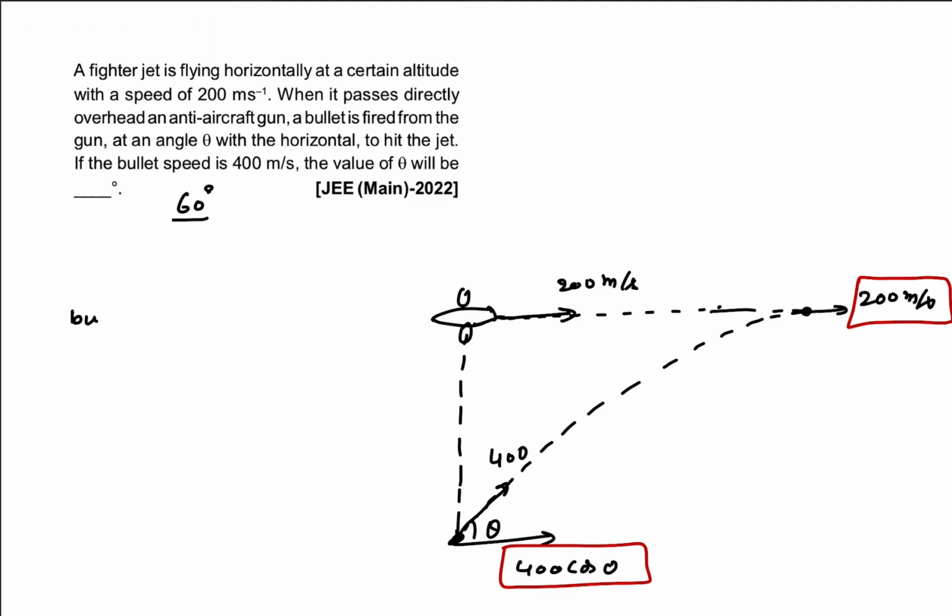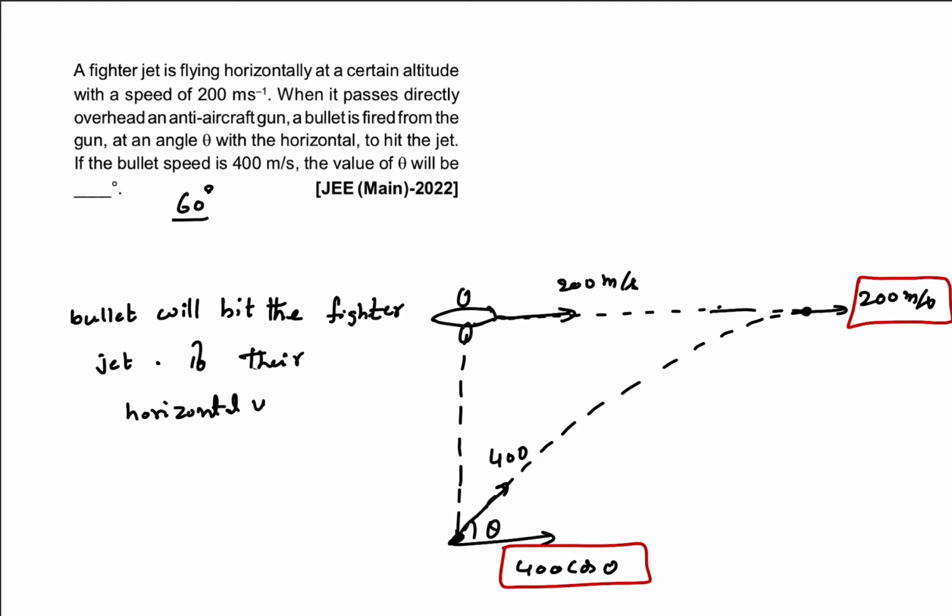I am writing, the bullet will hit the fighter jet if the bullet's horizontal velocity and their horizontal velocities are the same.